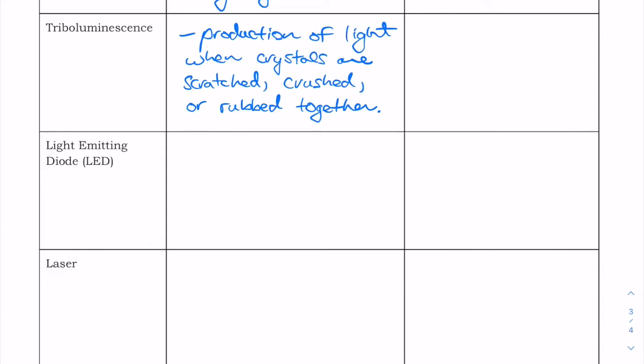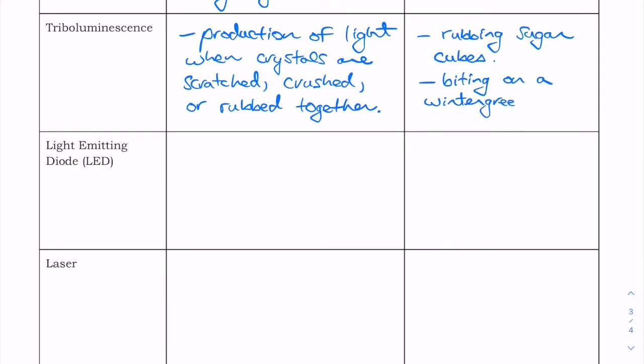You might also see it happening if you take 2 sugar cubes and rub them together. Try it. You'll have to be in a dark place though to notice the production of light if you get any at all.